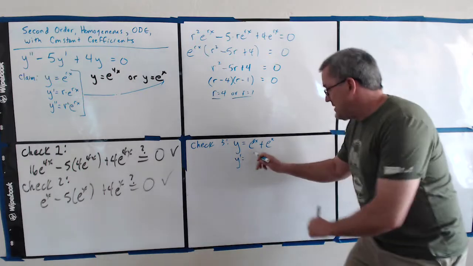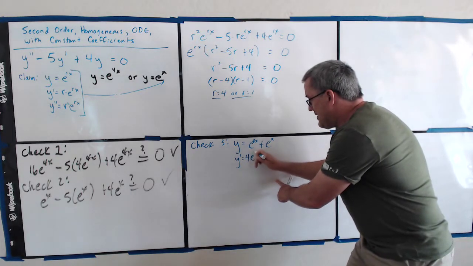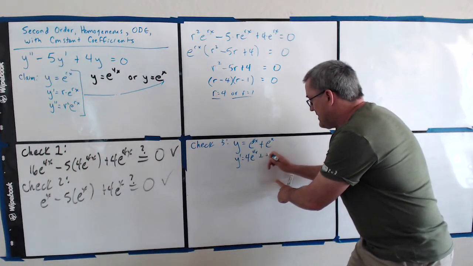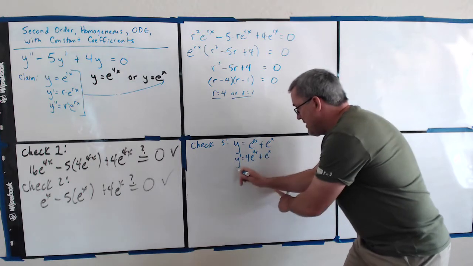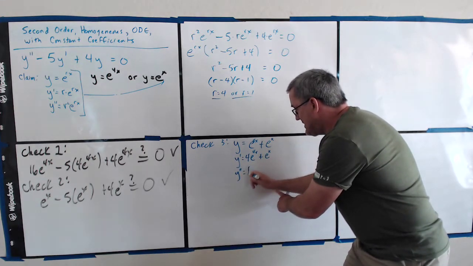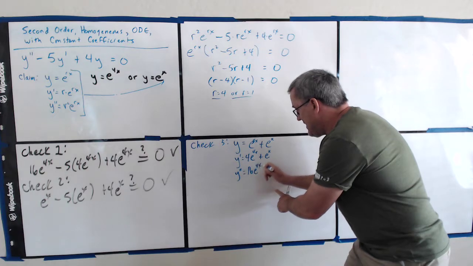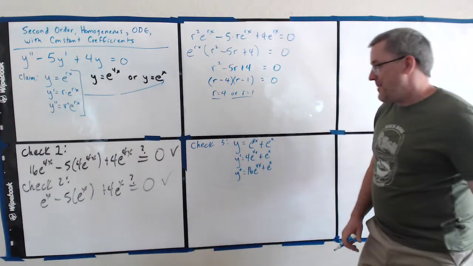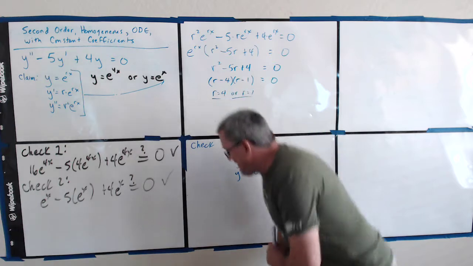The derivative of this would be 4e to the 4x plus e to the x. The second derivative of this would be 16e to the 4x plus e to the x. So the check would look something like this.